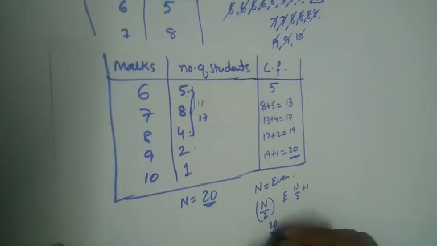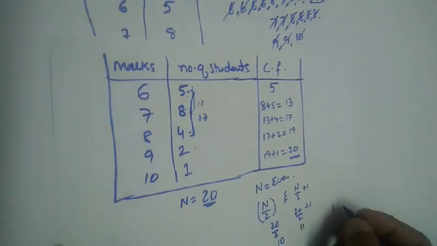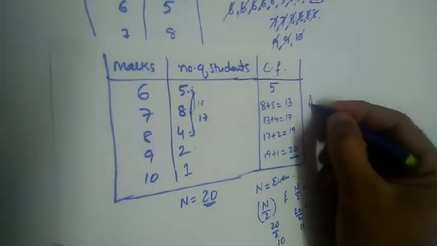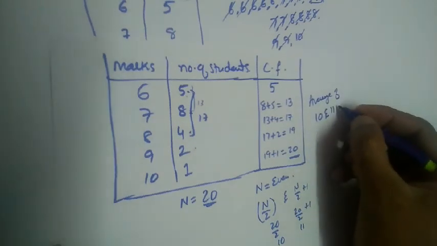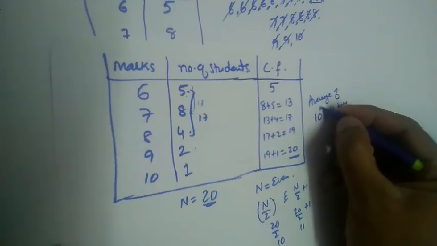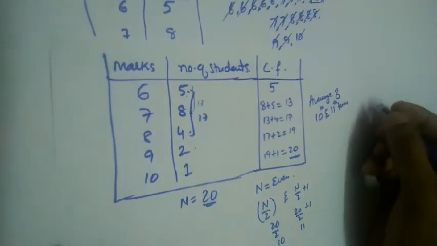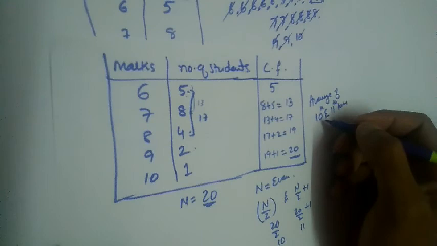So n by 2 is 20 by 2, and this is 20 by 2 plus 1. So this is 10 and this is 11. So we need to find the average of the 10th and 11th terms. Now what are the 10th term and 11th term here?